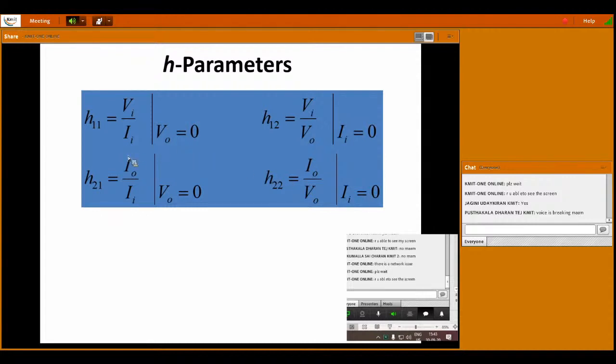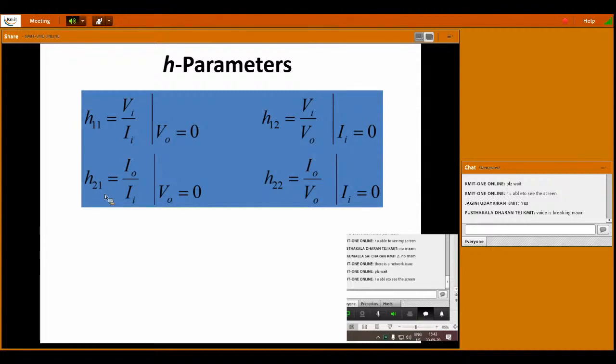Now the unit for input resistance is ohms, and admittance is in mhos. Next, the reverse voltage gain and the forward current gain don't have any units, so these are represented with numerical values.